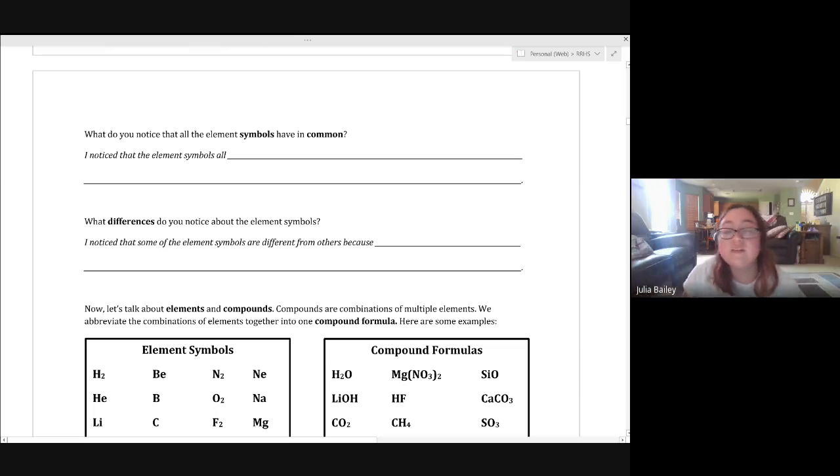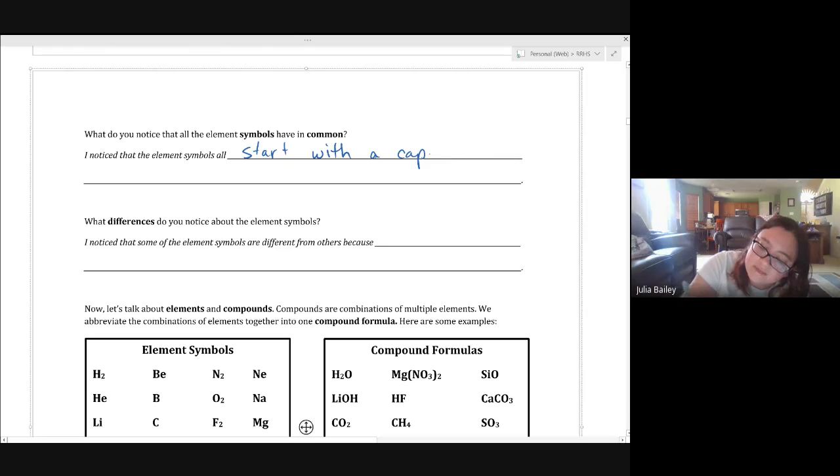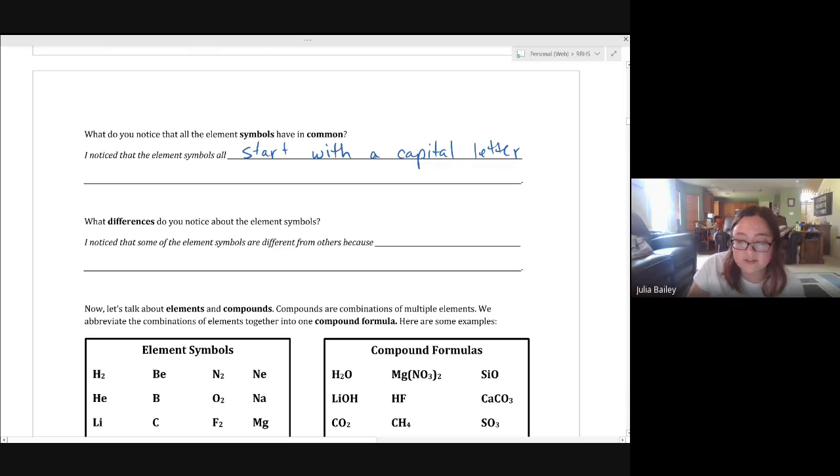What do you notice that all of these element symbols have in common? Well, all of those symbols started with a capital letter. That's not how you spell capital. There we go. And what differences do you notice?